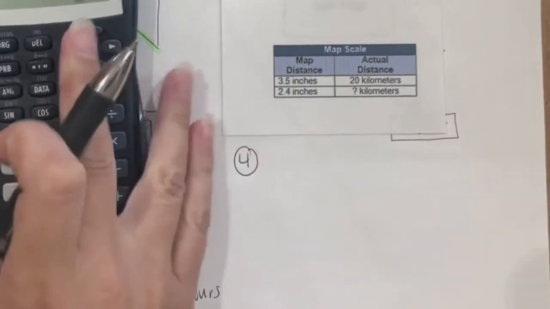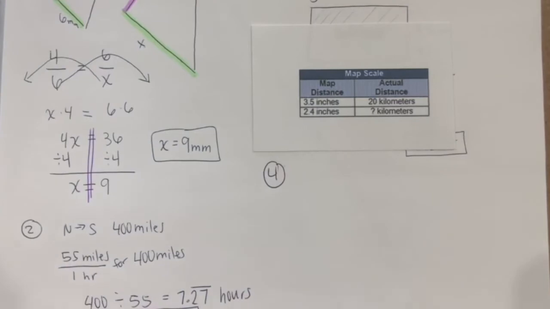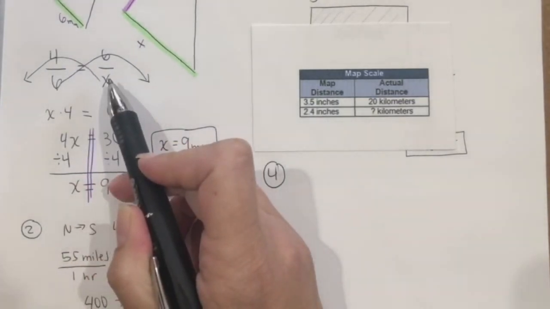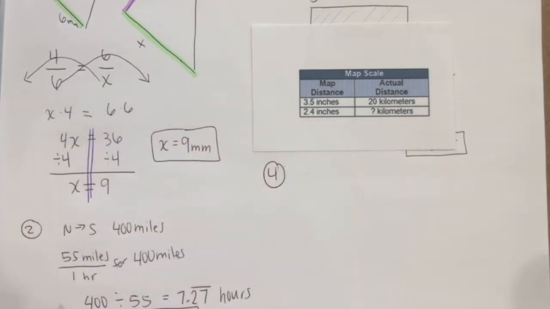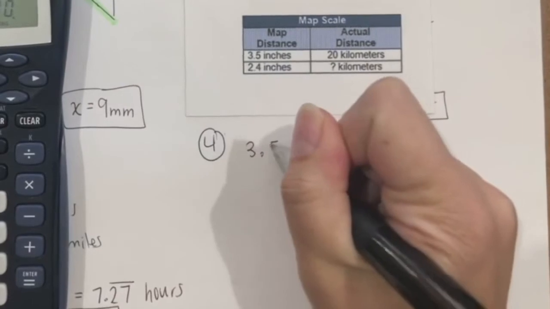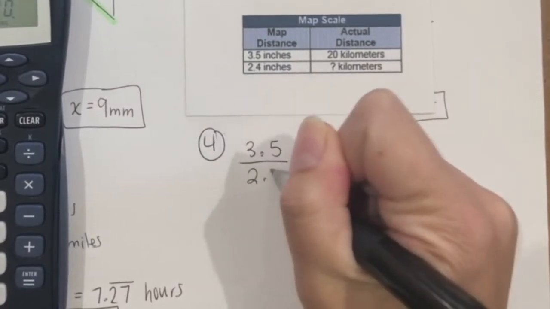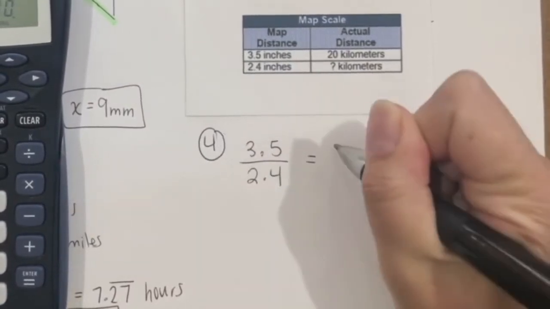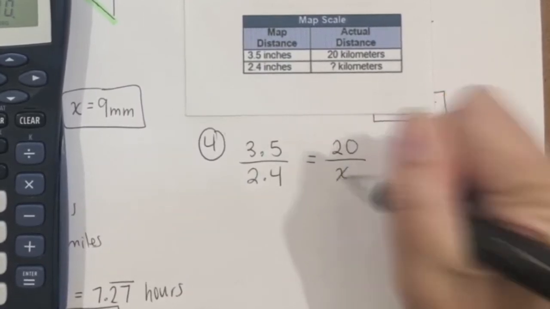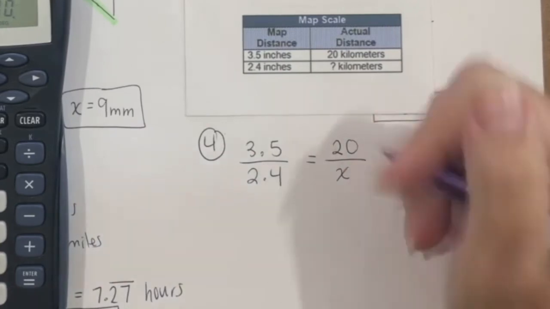We can do this one the exact same way that we did number 1, by setting up equal ratios and then doing cross multiplication to solve for the missing piece. And that's what we're going to do. So 3.5 corresponds to 2.4, just the same way that 20 corresponds to our missing value, which we will call x.